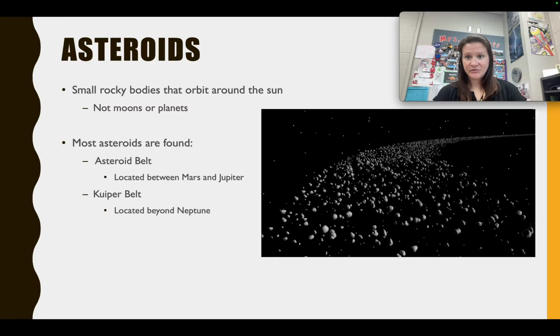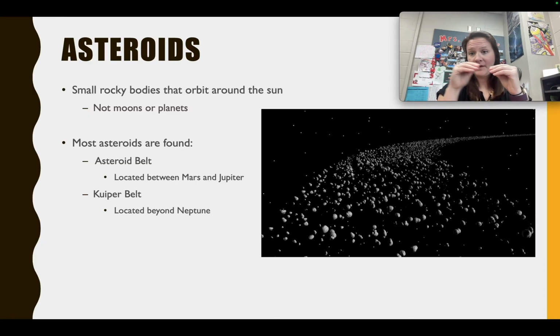Next up are the asteroids. We have 2 belt systems where the majority of the asteroids exist. They're kind of loosely scattered in this orbit. However, they can bump into one another.